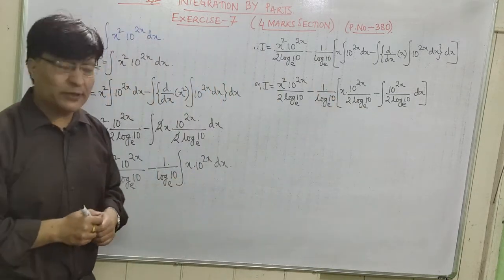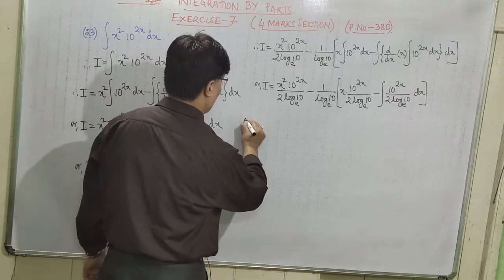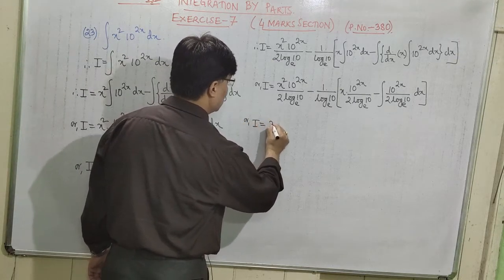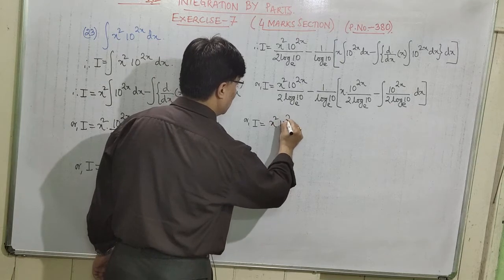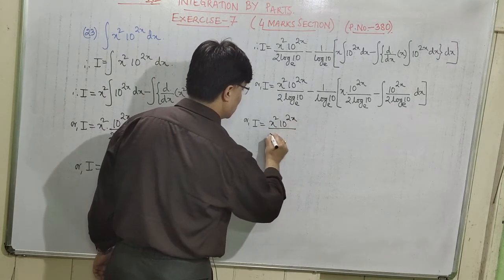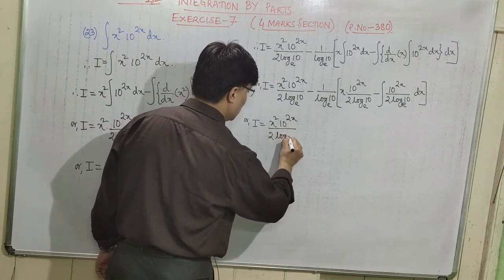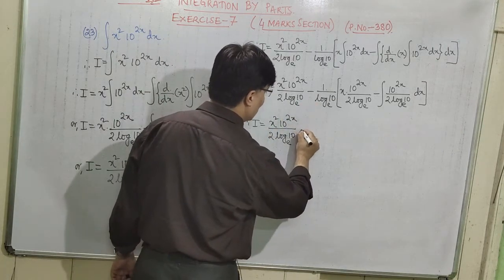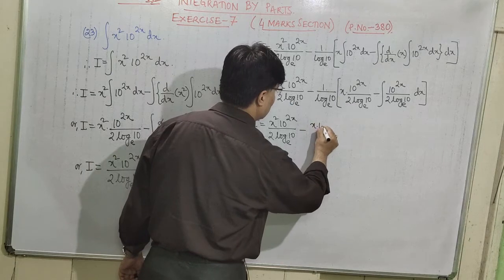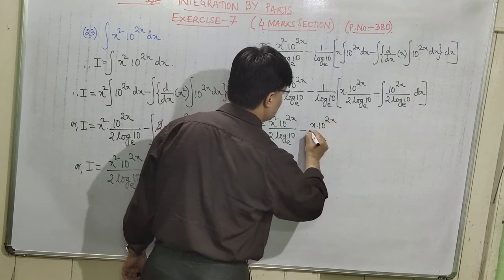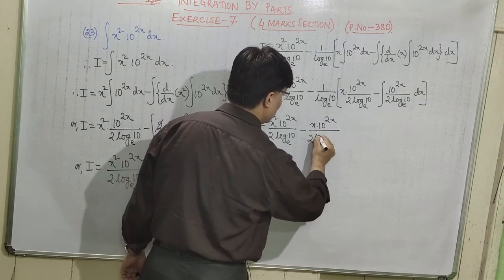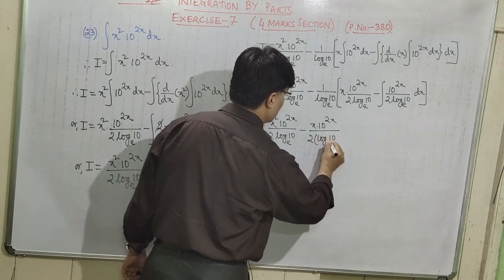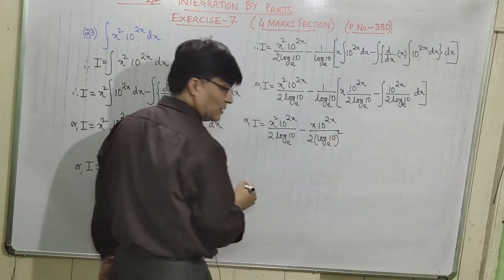Let us open the bracket now. I is equal to x square 10 to the power 2x divided by 2 log 10 base e. Now let us multiply by minus 1 by log 10, minus x into 10 to the power 2x divided by 2 into log 10 base e whole square, isn't it?